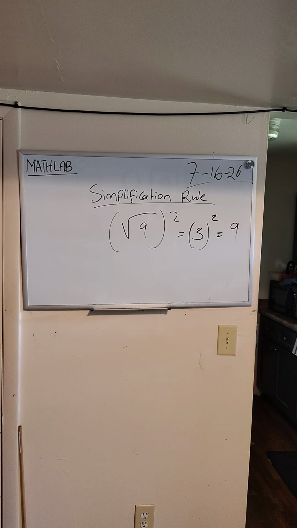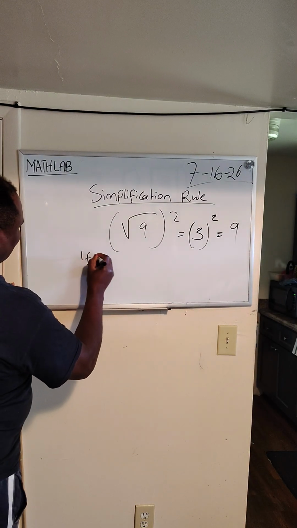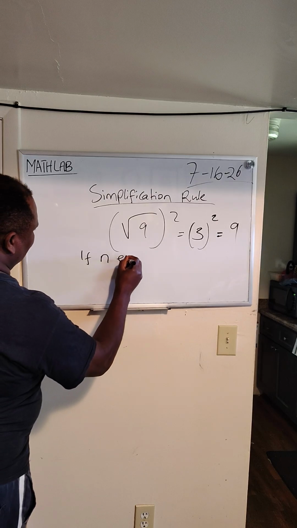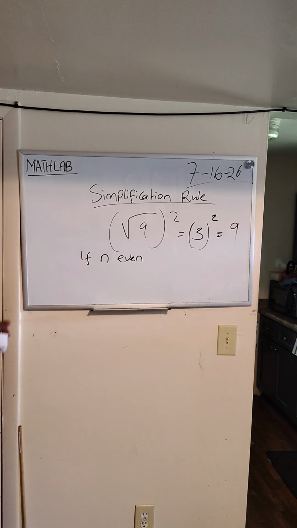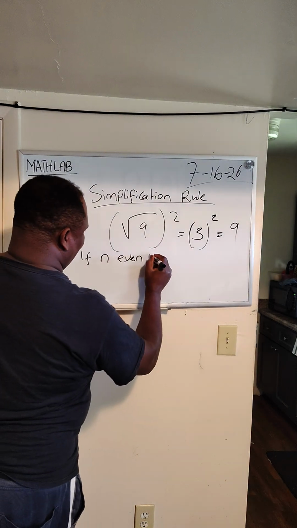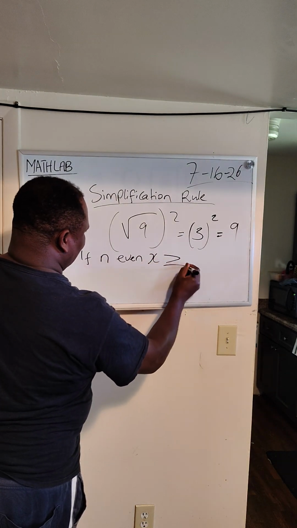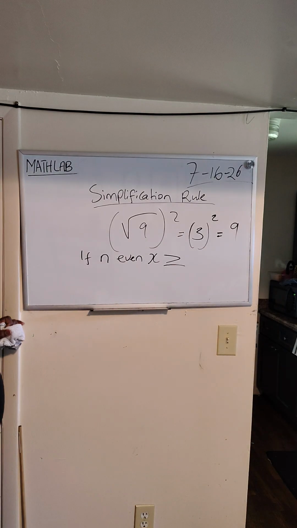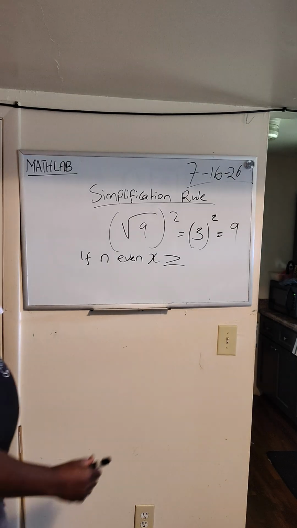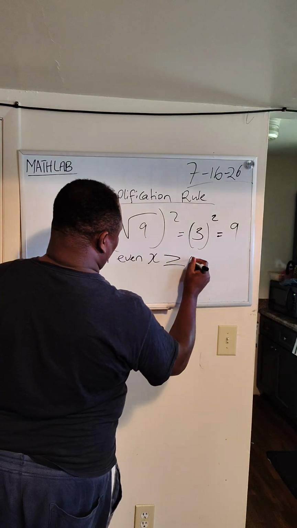So now, let's write some notes down. If n is even, then x is greater than or equal to 0.